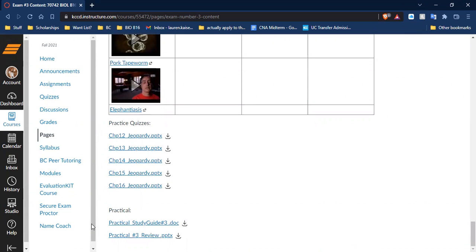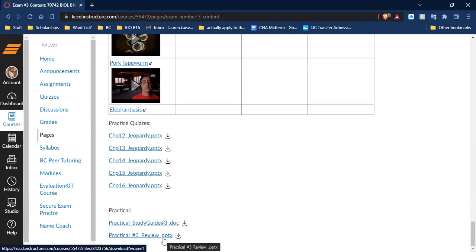And then down here, if you're still having trouble with any of the labs, go through these, and the document is going to be like a, define this. It'll ask you a question, things like that. But the PowerPoint down here will just be pictures.